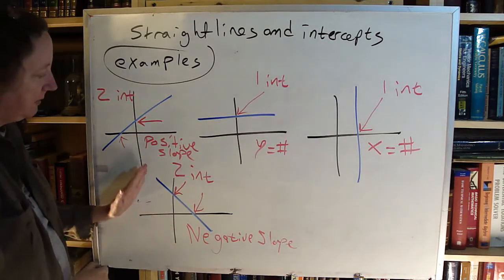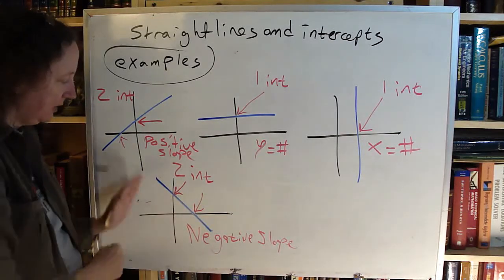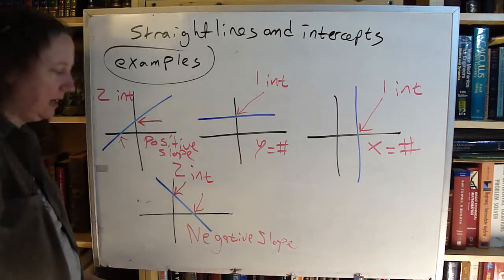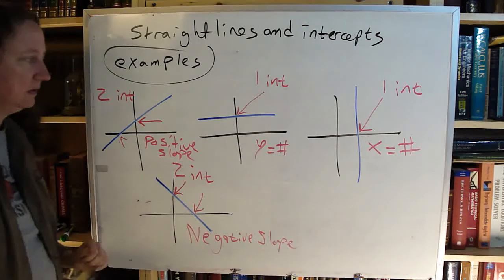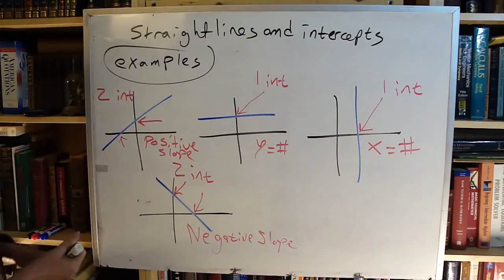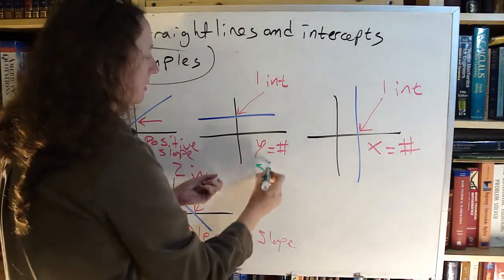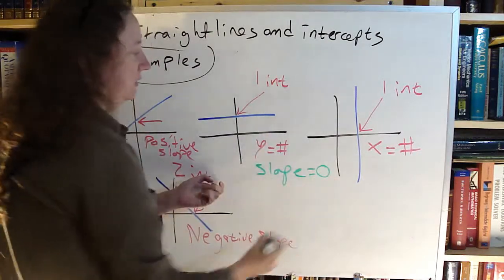With the negative slope, as I read from left to right, just like reading words, my line is going down. So as it's going down, that is negative. Over here with the y equals a number, my slope is 0.